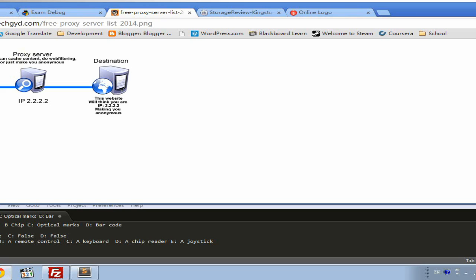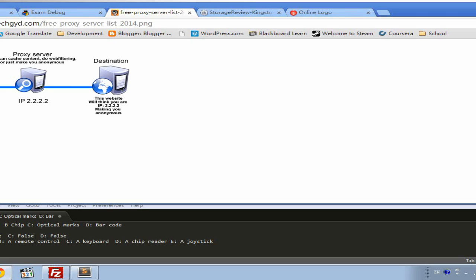So the main reason, at least in our school, is for protecting the students. So we want to make sure that the students can't access websites which are, let's say, undesirable. So what will happen is a student will send a request.